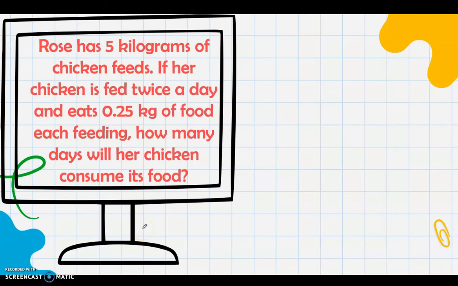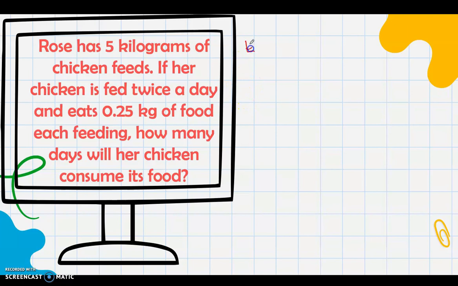Last example. Rose has 5 kilograms of chicken feeds. If her chicken is fed twice a day and eats 0.25 kilogram of food each feeding, how many days will her chicken consume its food? So we are going to divide.